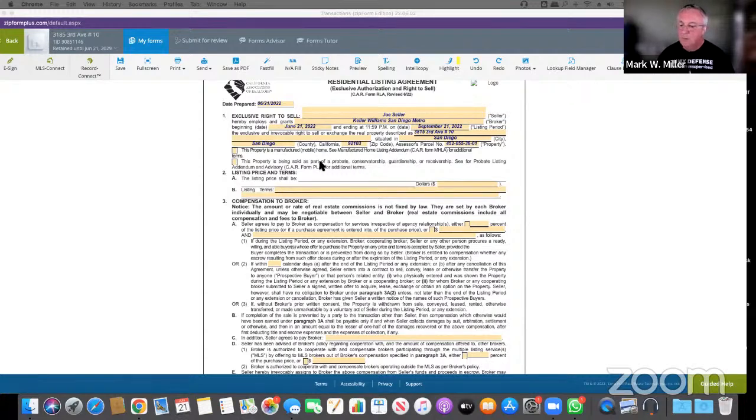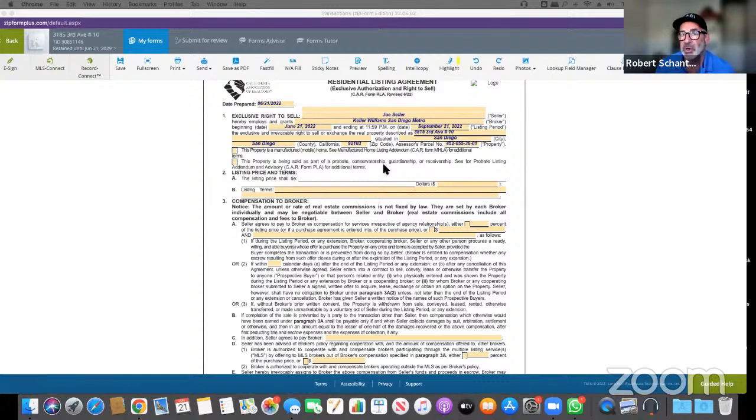Okay. And then next box is this property is a manufactured home. This isn't. But if you check that box, it will bring in a form called CAR Form MHLA. If you do ever take a mobile home listing, it's basically like selling a car. It's not like selling a house. And you do it through the state franchise tax board.